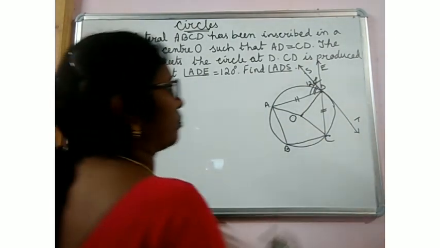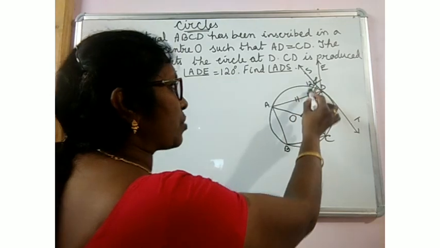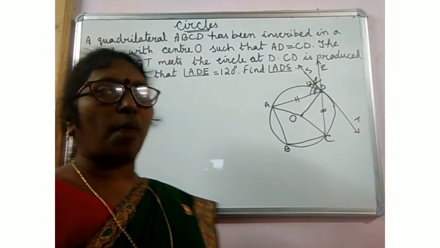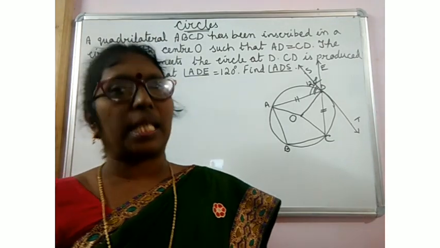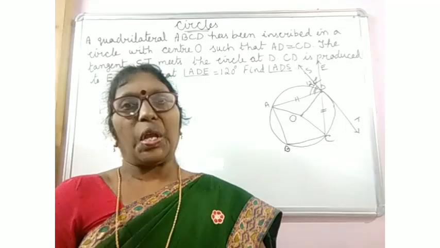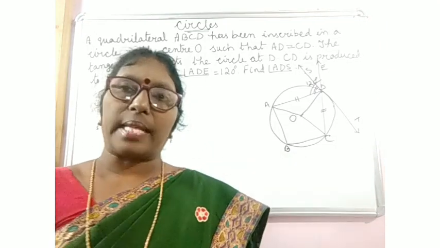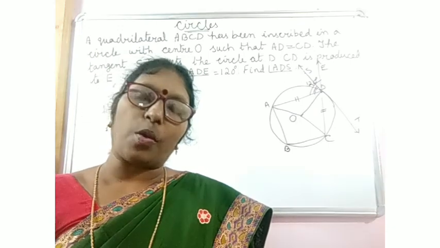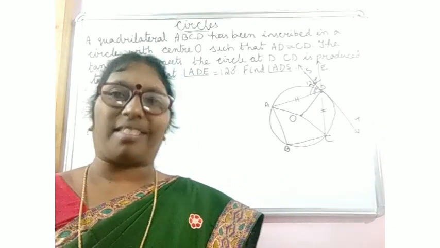You know that ABCD is a quadrilateral inscribed in a circle. That means ABCD is a cyclic quadrilateral. You have learned that the exterior angle of a cyclic quadrilateral is equal to its interior opposite angle.